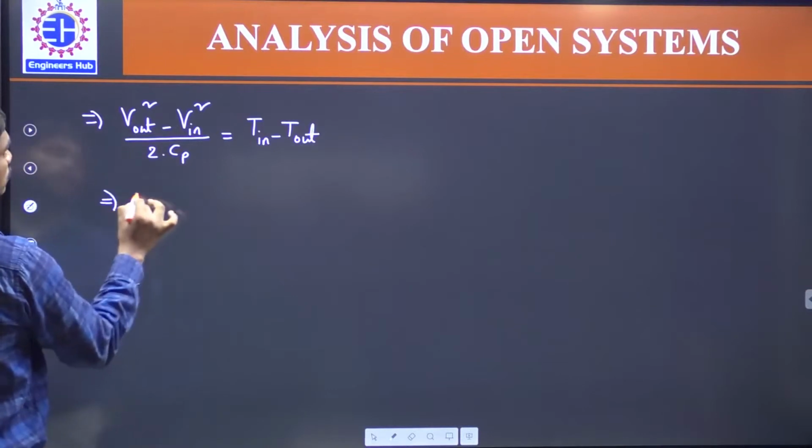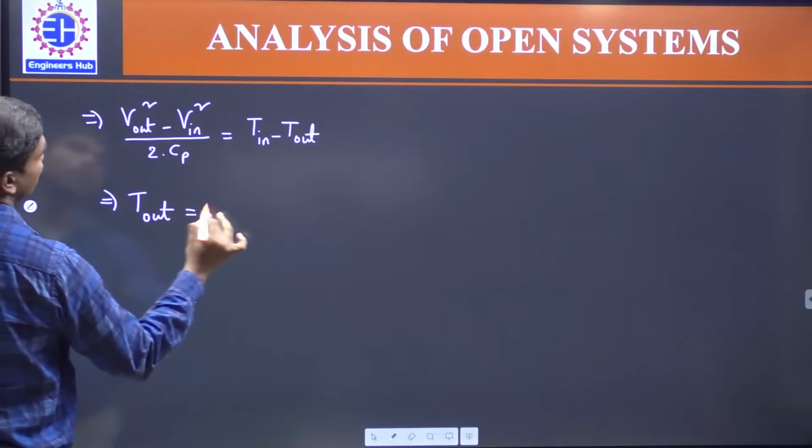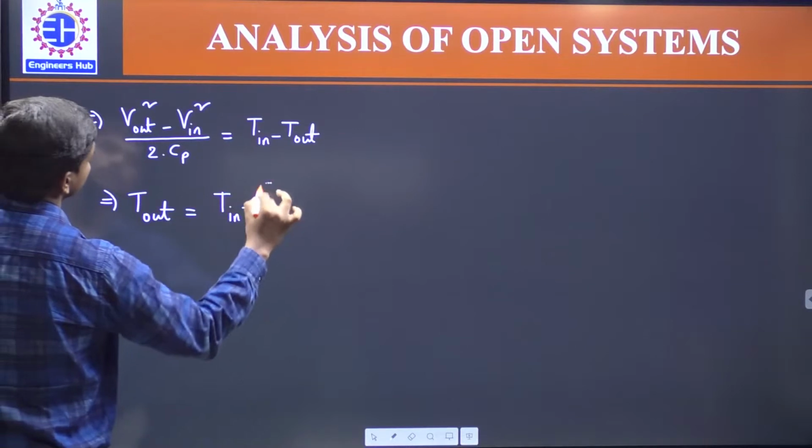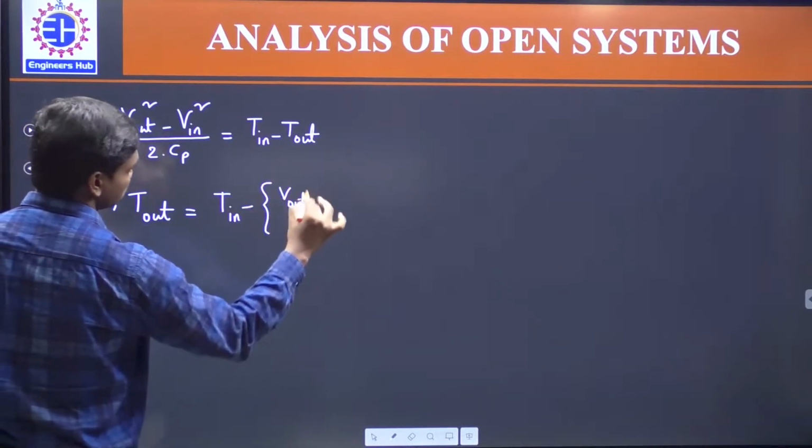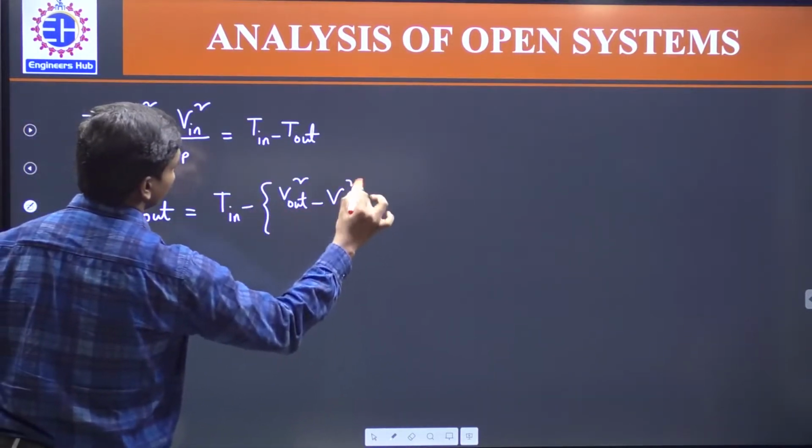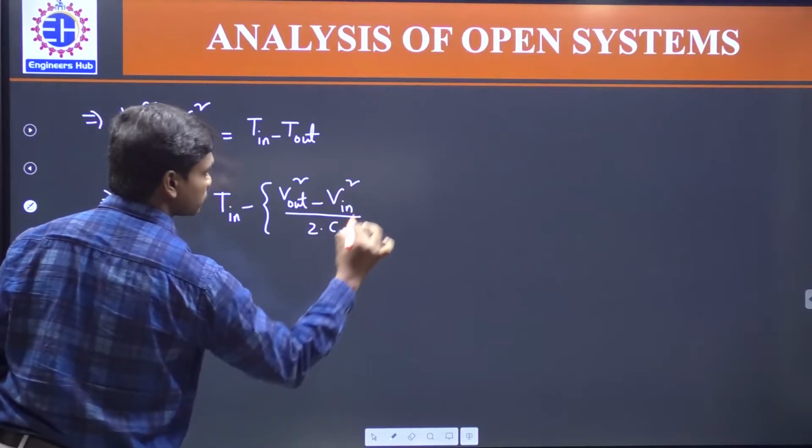So T out is equal to T in minus (V out square minus V in square) divided by 2 into Cp.